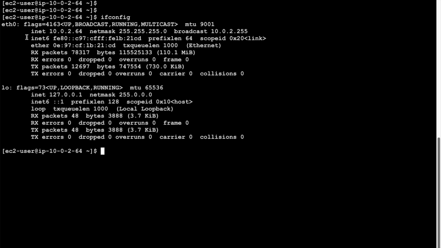If you see, there are two things: one is Ethernet and the other one is loopback. We are not bothered about this, but here, this is the IP address of this EC2 instance, which is 10.0.2.64, and it is showing something called netmask. We'll talk about netmask later on, but let's first understand what this IP address means.